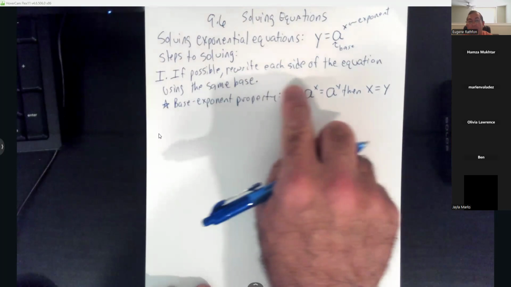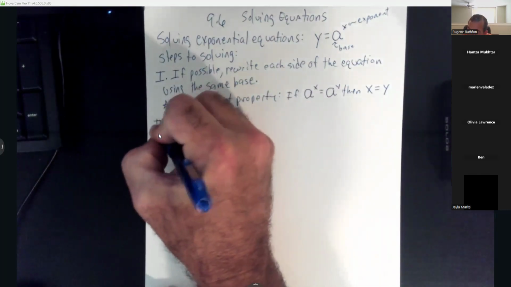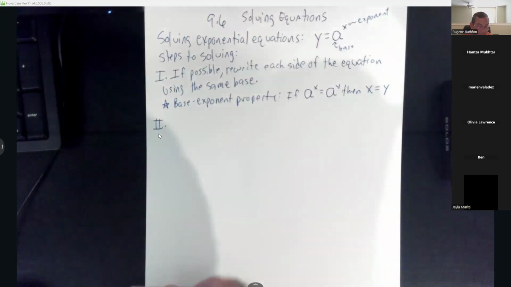Now, it might not be possible to rewrite each side using the same base. So we use another method to solve it.